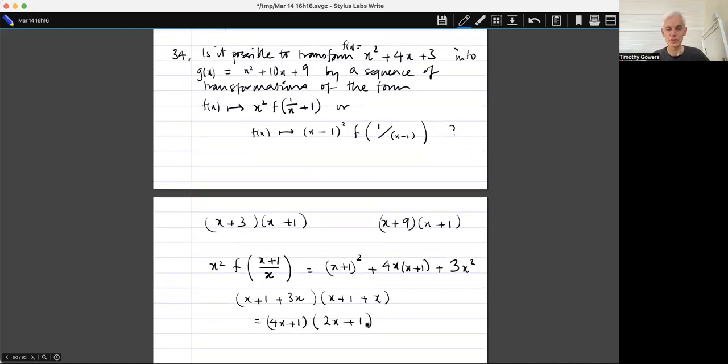So we see straight away that the roots are now different. The roots of this are -1/4 and -1/2, whereas the roots I had before were -3 and -1. But maybe there's something about these numbers. So it looks, I think the invariant is going to be something connected with the roots probably.